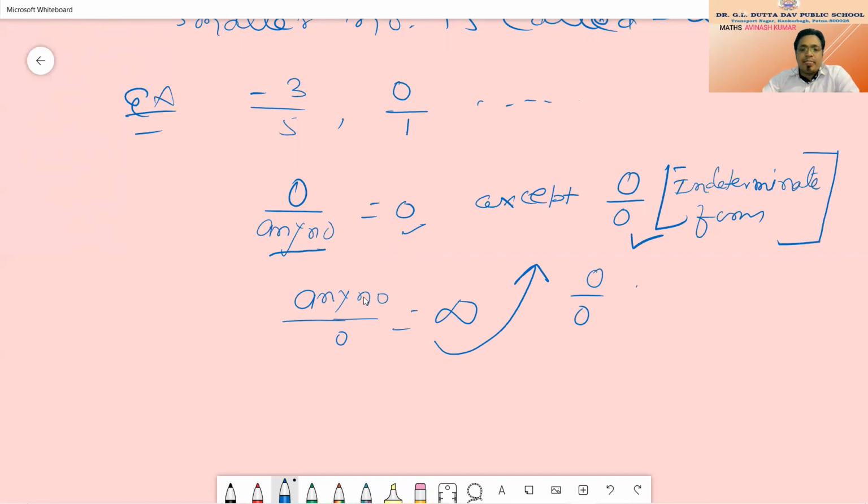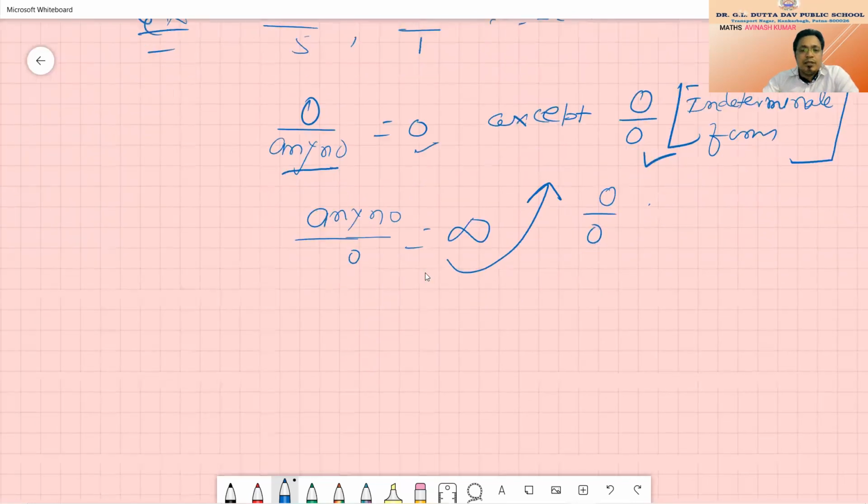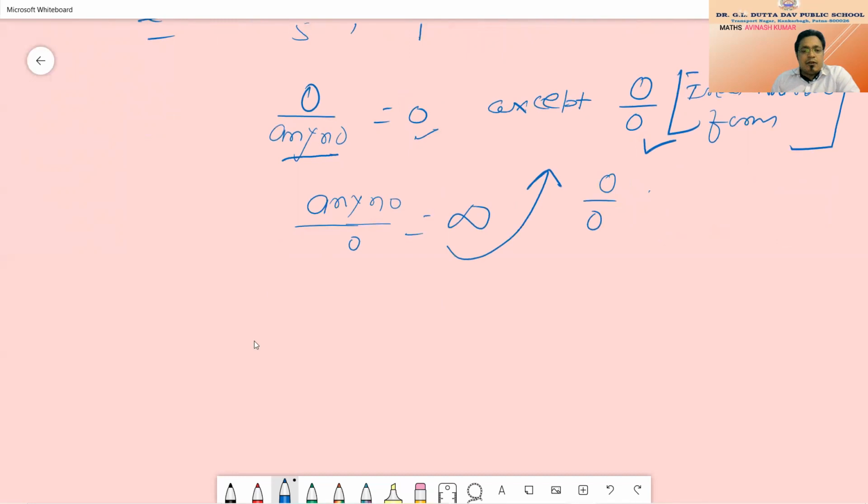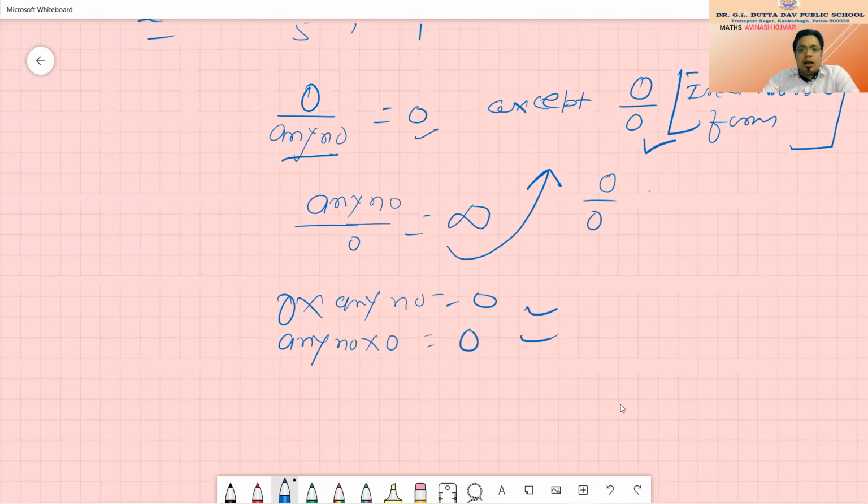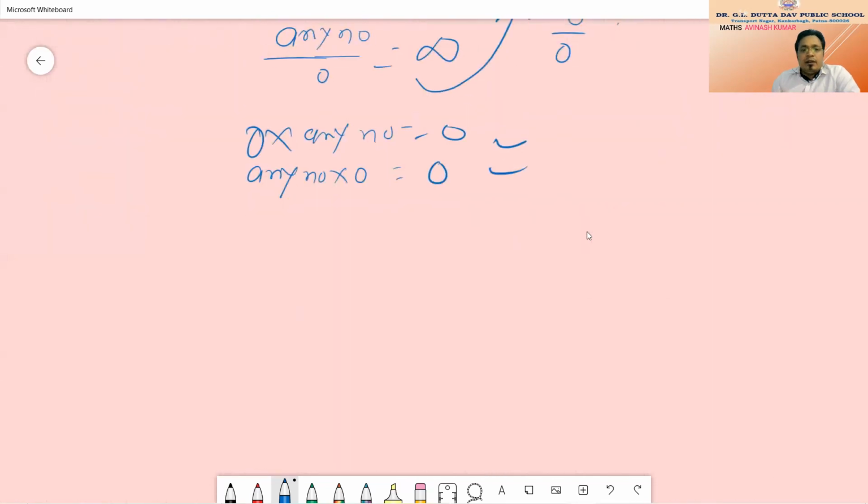Fine, students? Okay, any number by 0 is infinite. And the other concept: 0 multiplied by any number is equal to 0. We can reverse it: any number multiplied by 0 is equal to 0. Fine, students? Now come to the second term, that is irrational number.